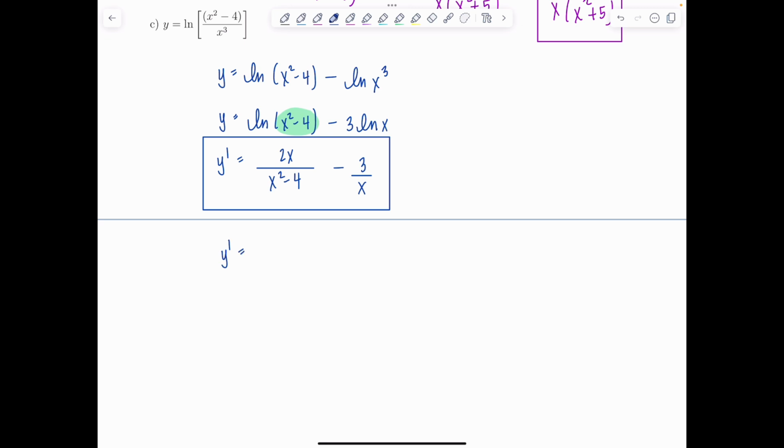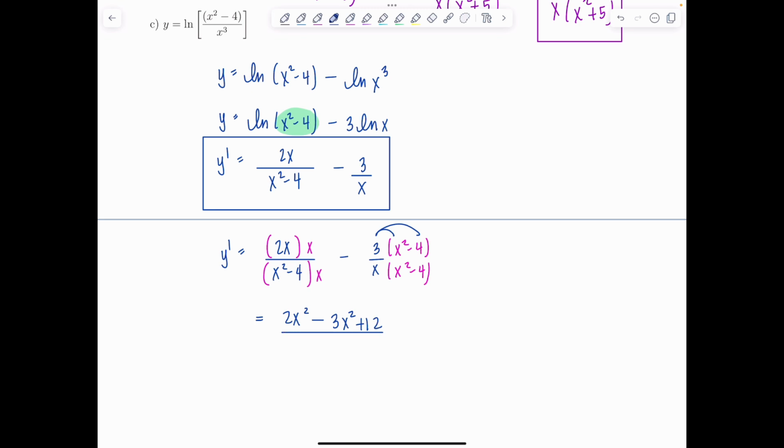So y prime is 2x over x squared minus 4 minus 3 over x. I'm going to multiply this guy by x, top and bottom, and then this one by x squared minus 4. So then we're going to have 2x squared minus, let me distribute at the same time, 3x squared plus 12.